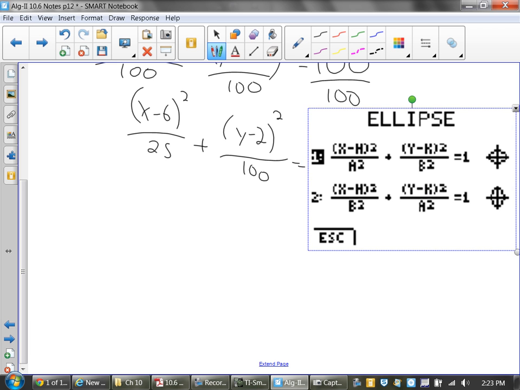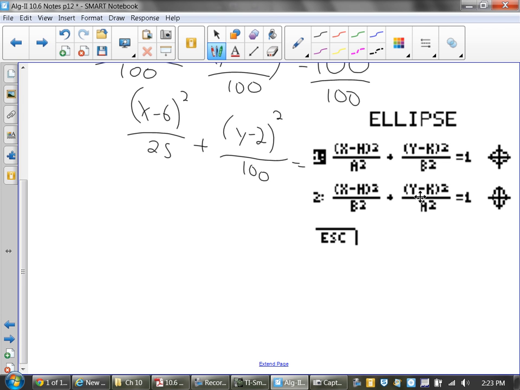With the ellipse you have to decide which one comes first. Which one's bigger, the a squared or the b squared? Well, the a squared will always be the larger of the two. Where is that one placed? Underneath the x or the y? That means it's stretched which direction? Number 2, up and down. It's stretched up and down. So remember, you're looking at the second of the two equations.